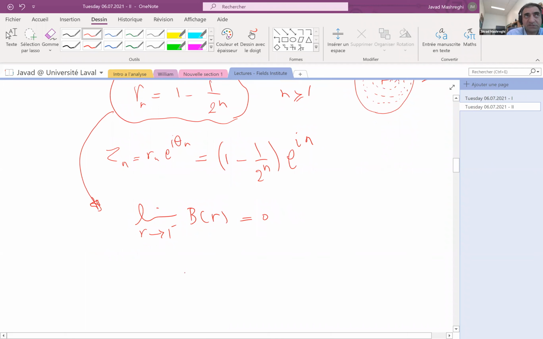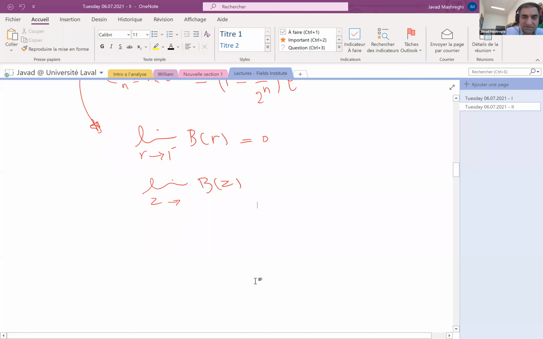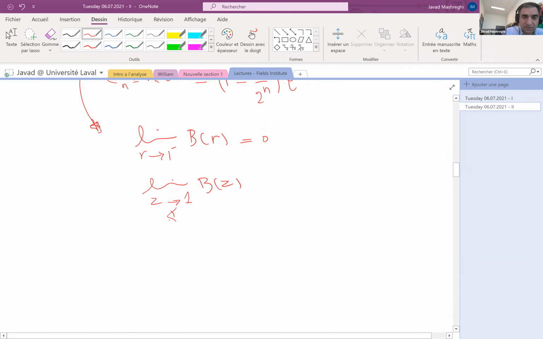So either use that theorem or directly show that lim B of z when z goes to 1 non-tangentially is again equal to 0.